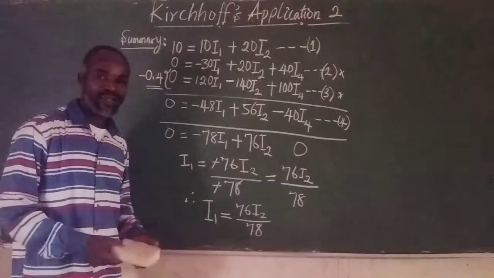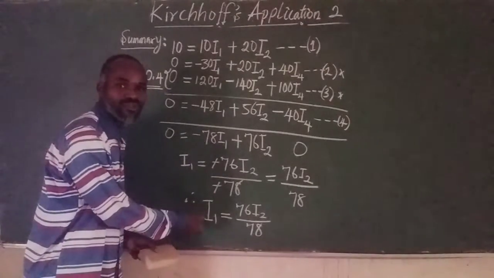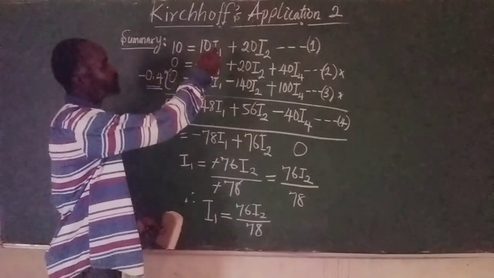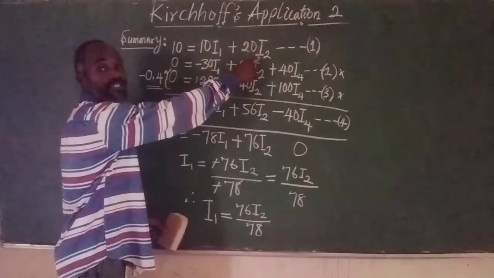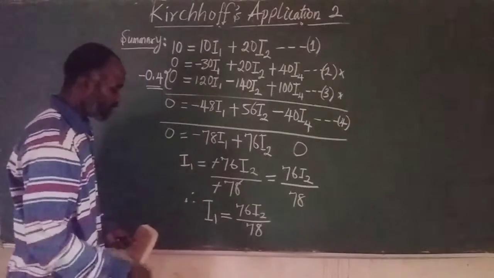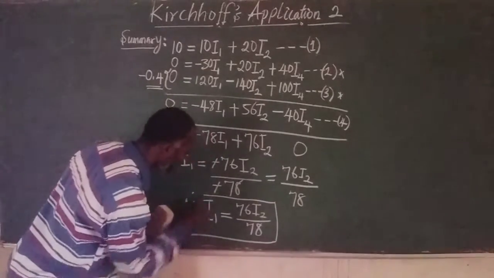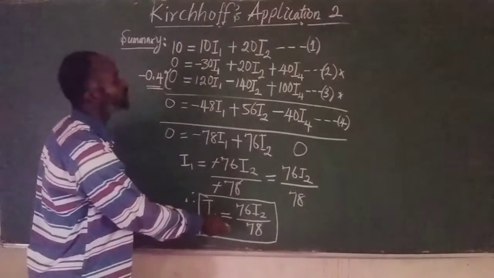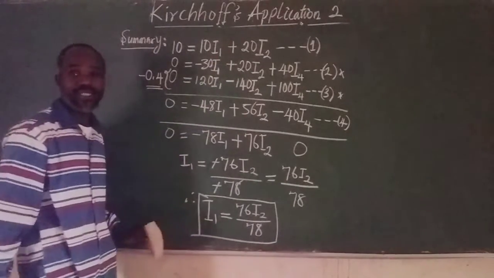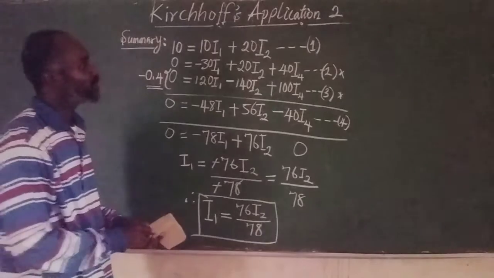But that is not our target. Our target is to substitute for current 1 in equation 1 and then solve for current 2. That's our target. So we keep this, take note of this, and then substitute it in equation 1. So let's see how it goes.